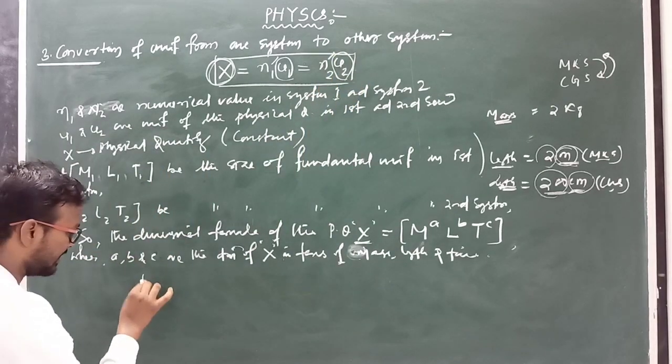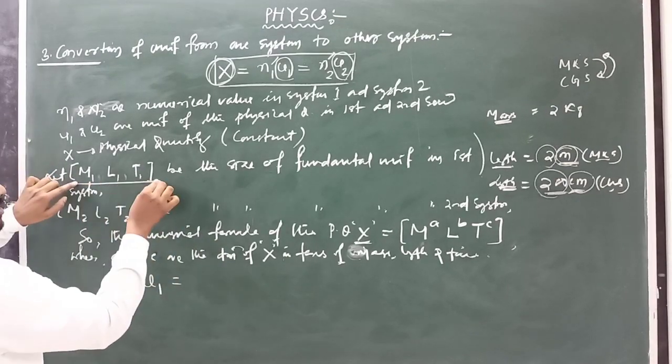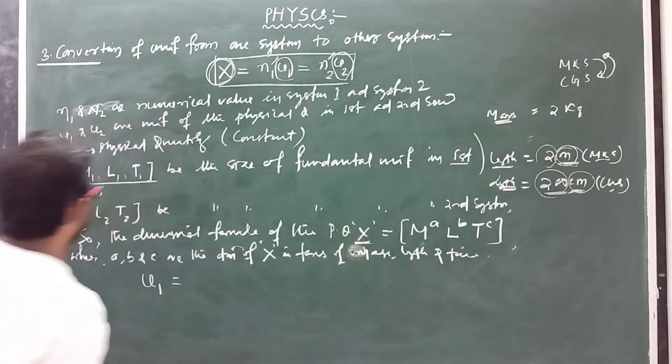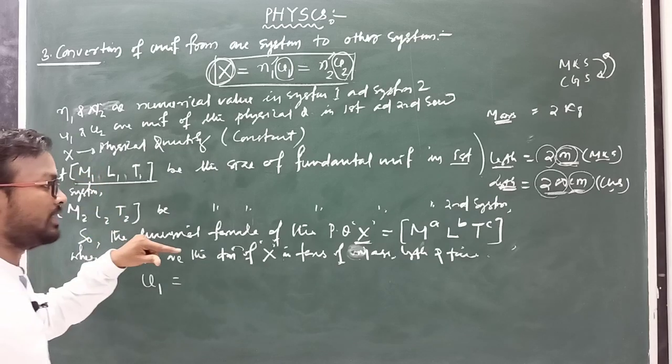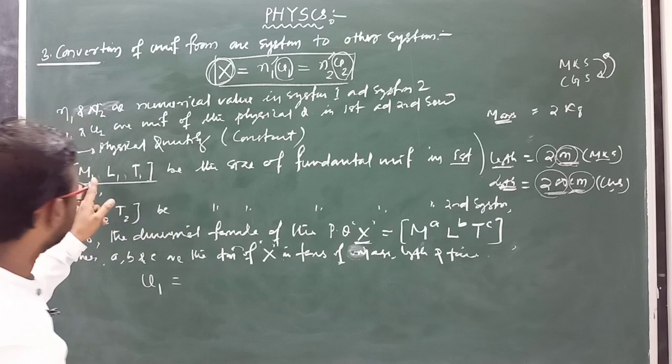In the same way, U1 means the unit in the first system, because this is system number 1, and that unit can be expressed in the basic quantities mass, length, time.